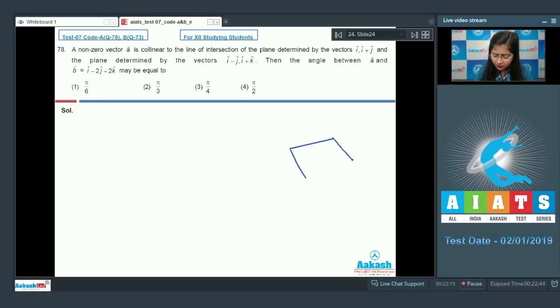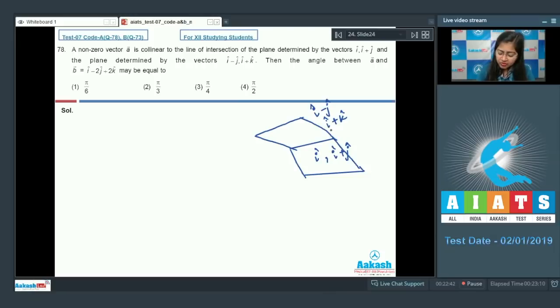So let us say this is one plane which is determined by the vectors i cap and i cap plus j cap. And let us say this is another plane which is determined by the vectors i cap minus j cap and i cap plus k cap, right?